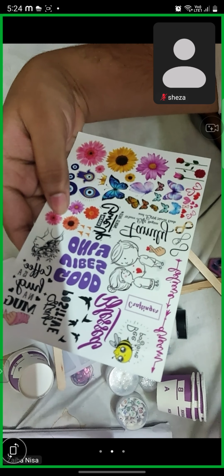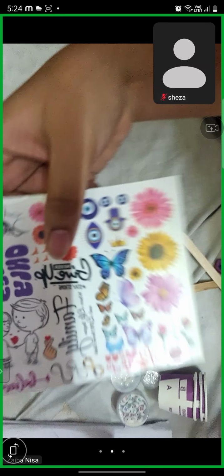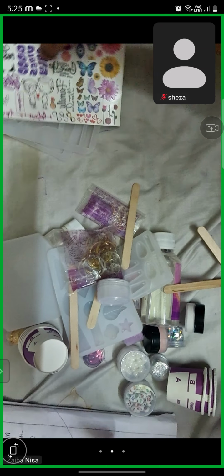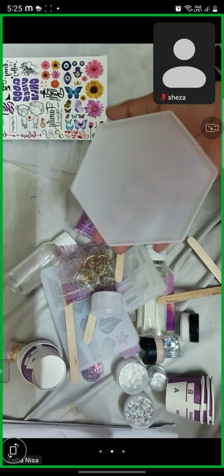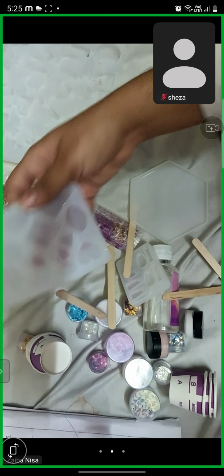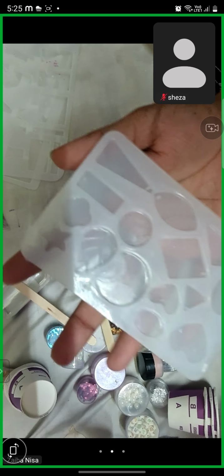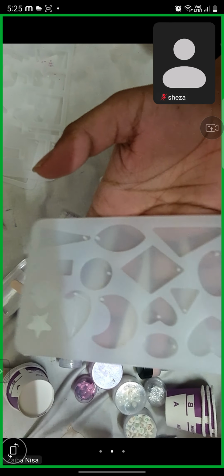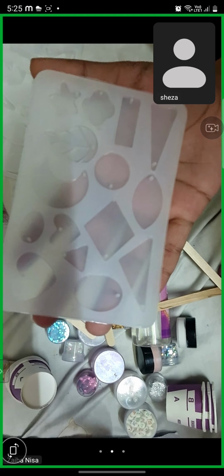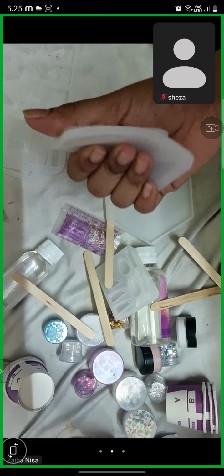Many more stickers for the family, for coffee mugs, many stickers you have over here. And this mold, let me show you all the molds first. See, these are the shapes: heart shape, star shape, triangle, rhombus, mini hearts, and these are for oval.